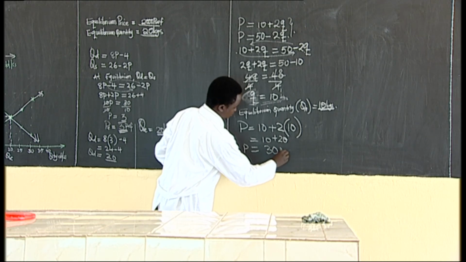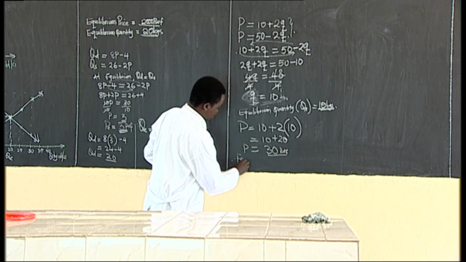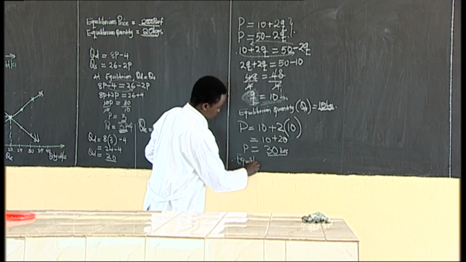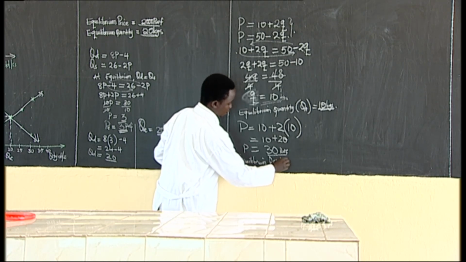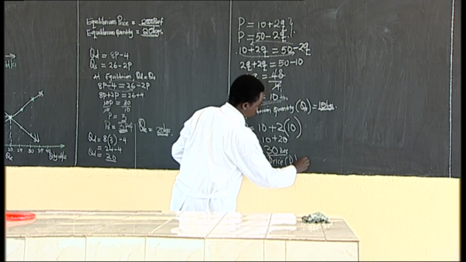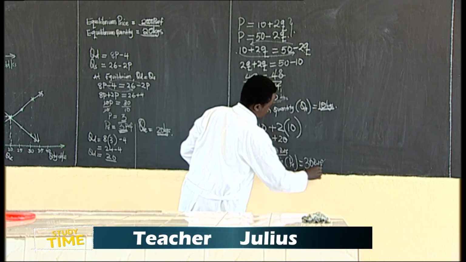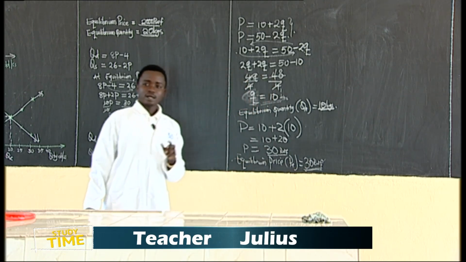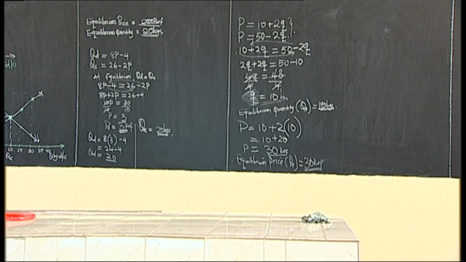If it is Rwandan francs, you have to put the unit, because this is our price. Therefore, we can conclude that our equilibrium price is 30 Rwandan francs. So this is how you can use equilibrium equations to determine equilibrium price and equilibrium quantity.